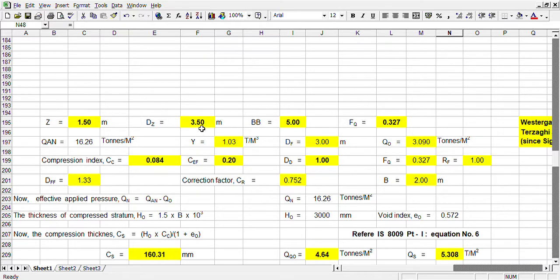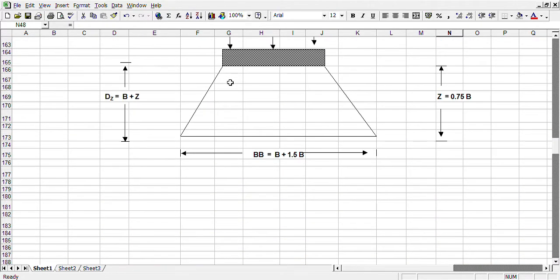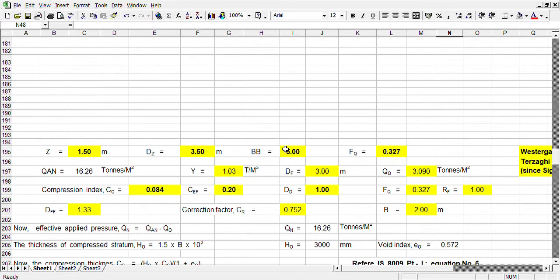dz is 3.5, db is 5.5, which we are considering, for the load we are applying to a 2 by 2 square foundation. Total base area at the bottom is 5 into 5, that is 25 square meter.